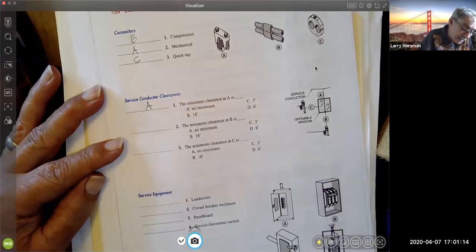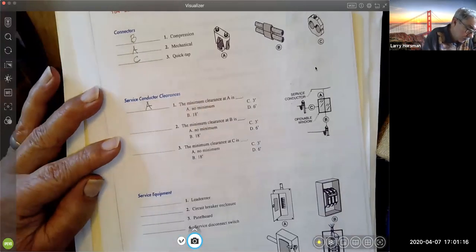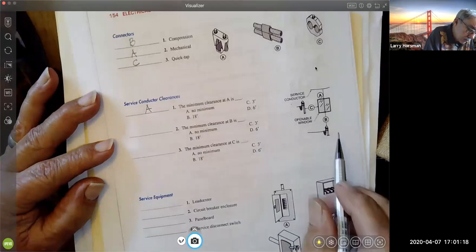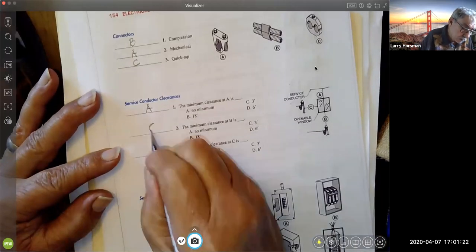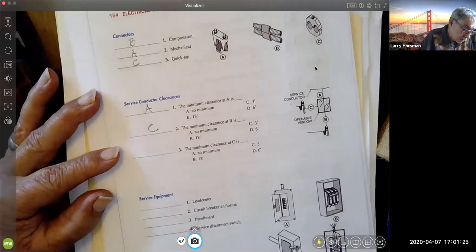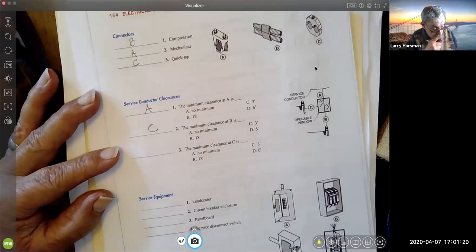Minimum clearance at B is 3 feet. That's C. Minimum clearance at C, which is from the side of the window, that's also 3 feet. So that is C.